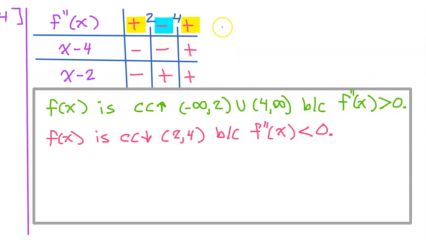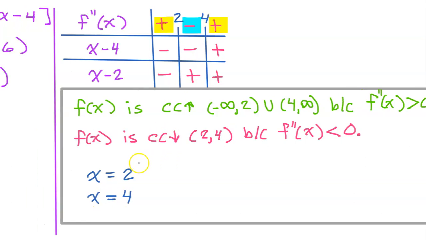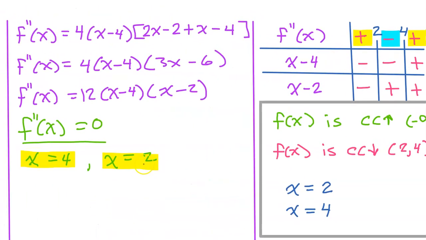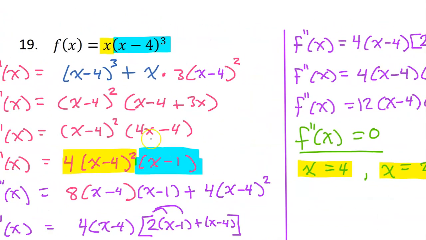We need to find the y values as well though. So I'm just going to use this as scratch paper. So at the moment, we know that x equals 2 and x equals 4 are the two x values of our points of inflection. To get the y value, we need to go back to our original function.